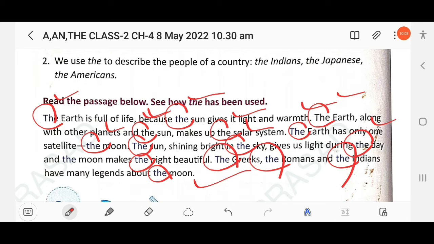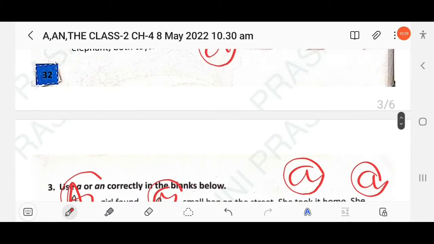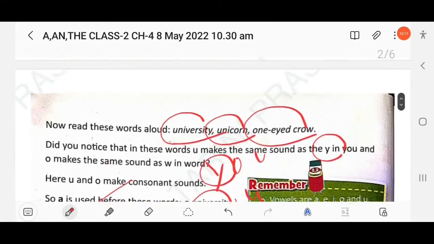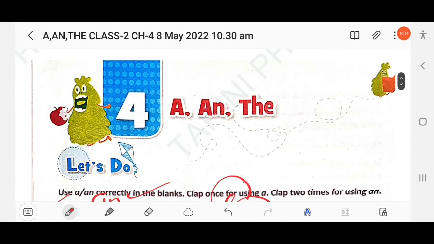So here the pronunciation also varies. As in the beginning of this chapter, I have already pronounced a and the, or the. So you have to pronounce the.